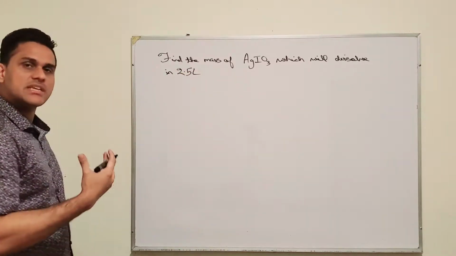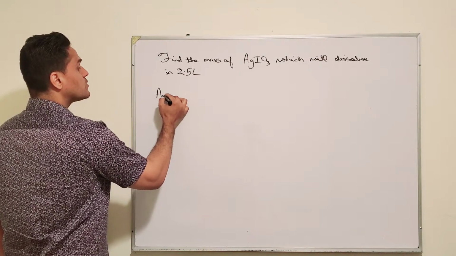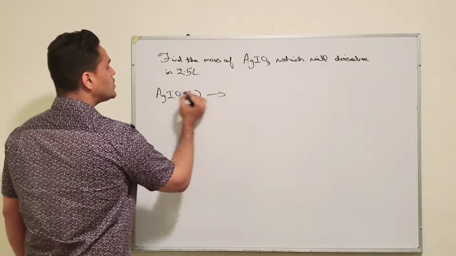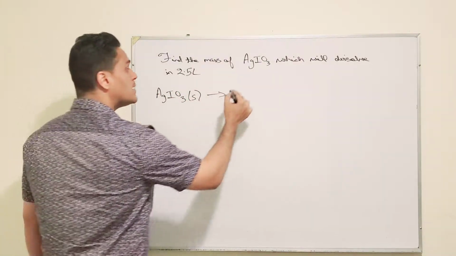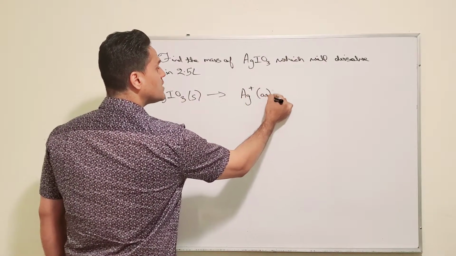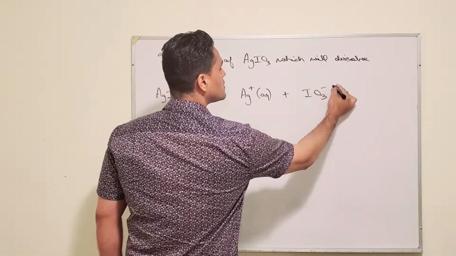So guys, as a first step, we're going to write the dissociation equation for AgIO3. We're going to take our AgIO3 solid, and we know AgIO3 is made up of Ag plus and IO3 minus. So we're going to break it up into ions. So we're going to have Ag plus aqueous plus IO3 minus aqueous.